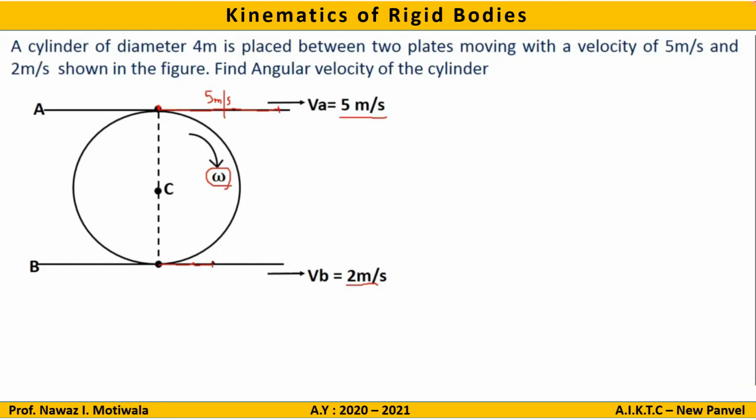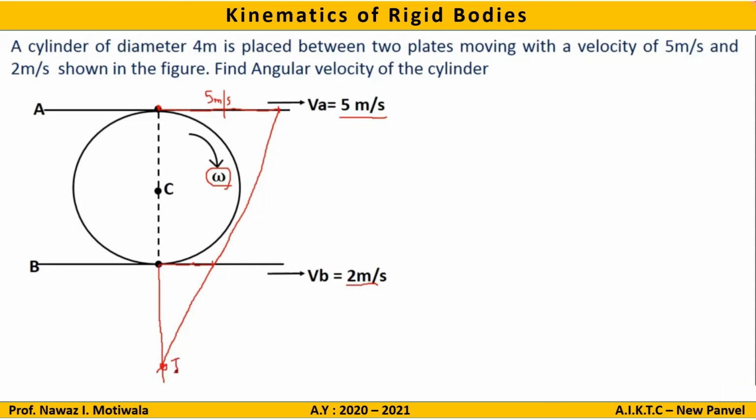Now what we need to do? We need to join these 2 points. So I am joining these 2 points with a straight line and just extend it. We also know that the ICR lies anywhere along this diameter line. So I will extend this diameter line also, and wherever they meet, that point will be your ICR.